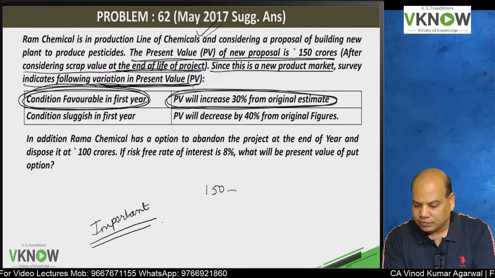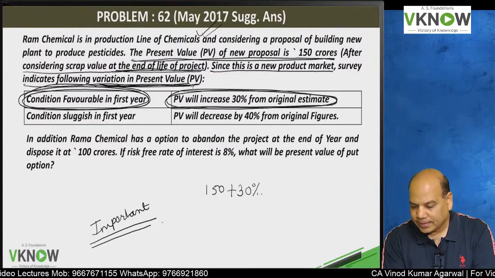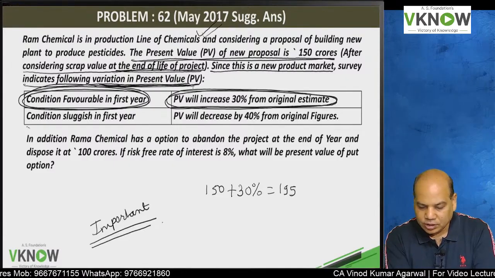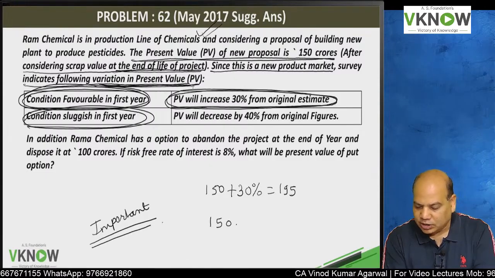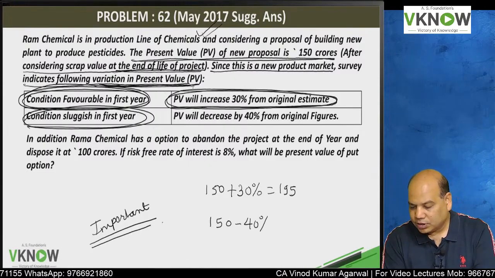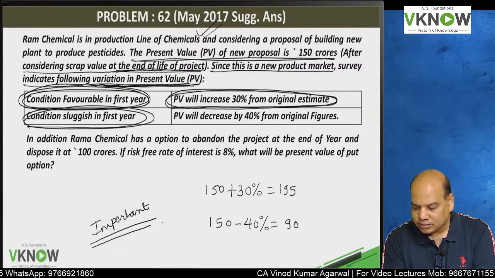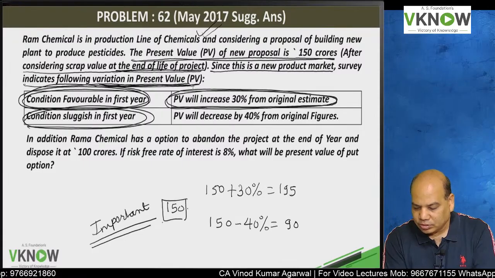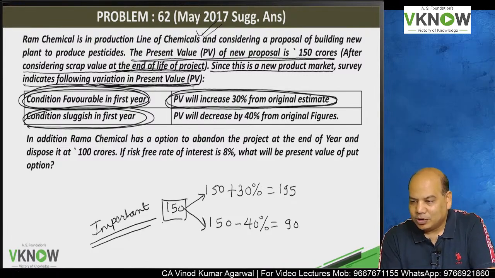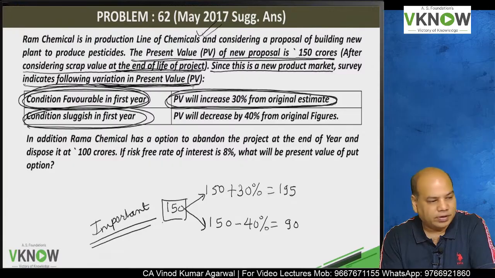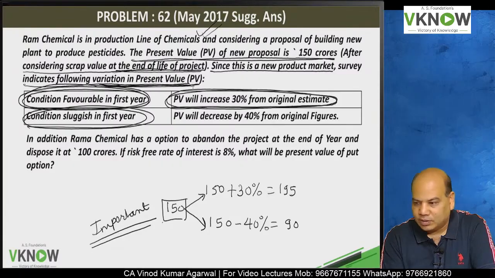So the present value will be 195. If condition is sluggish in the first year, PV will decrease by 40% from its original estimate. So PV can be 195 or PV can be 90 depending upon whether the condition is favorable or unfavorable in the first year.